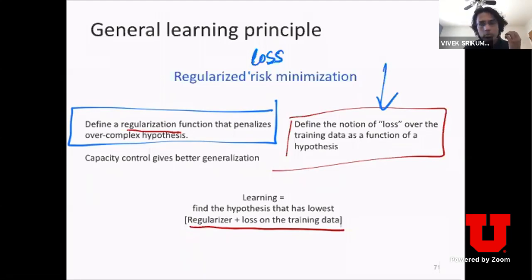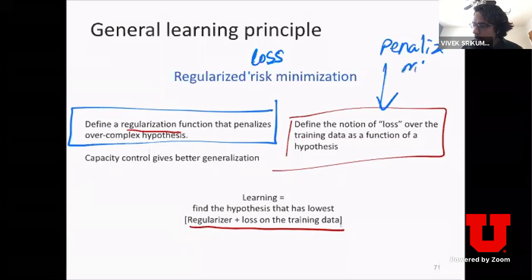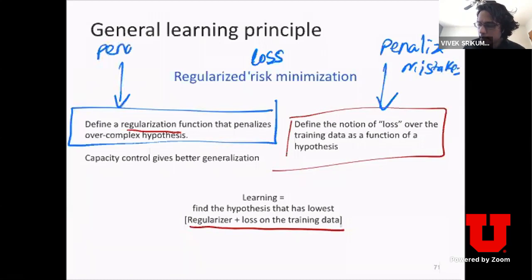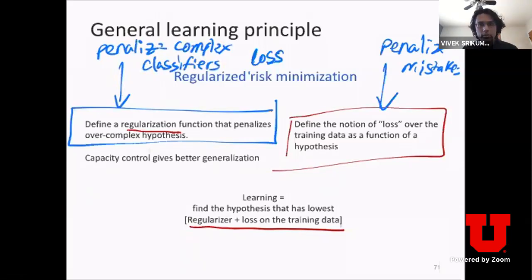On one hand, we want to penalize mistakes, and here we penalize complexity. The general principle of regularized risk minimization is that we want to find the least complex classifier that has very low loss. All right, we'll stop here.